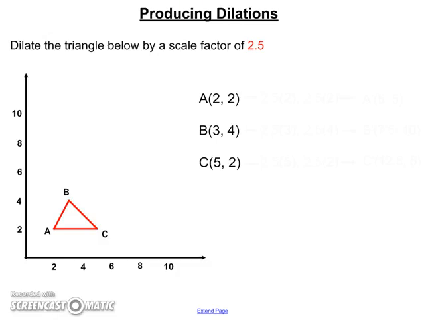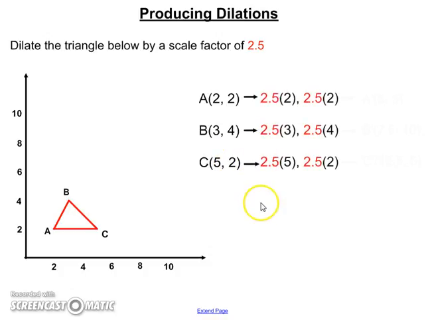So we have triangle ABC here, and we are going to dilate it with a scale factor of 2.5. The point 2 and 2 would each get multiplied by 2.5 to give us our new coordinate of A. 3 and 4 both get multiplied by 2.5, which gives us the coordinates for B prime. 5 and 2 both get multiplied by 2.5.